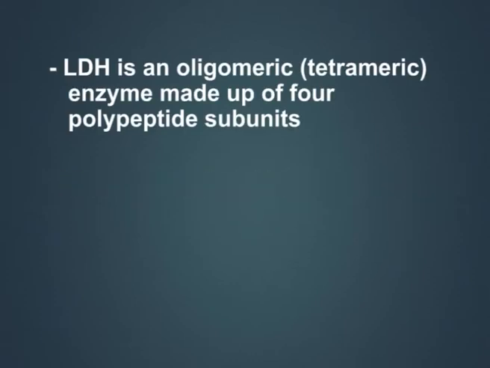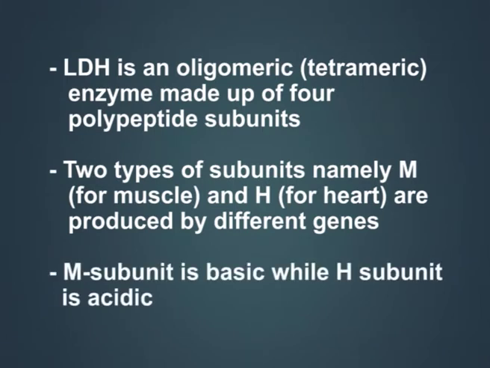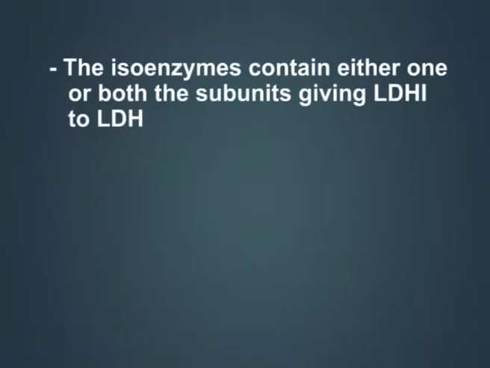LDH, lactate dehydrogenase, is an oligomeric tetrameric enzyme made up of 4 polypeptide subunits. Two types of subunits, namely M for muscle and H for heart, are produced by different genes. The M subunit is basic while the H subunit is acidic, and the isoenzymes contain either one or both subunits, giving LDH1 to LDH5.